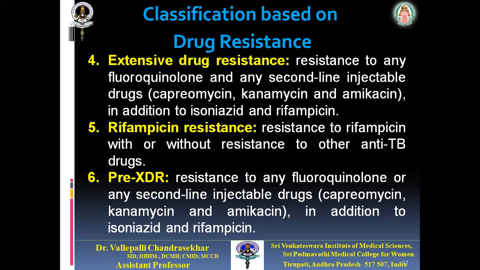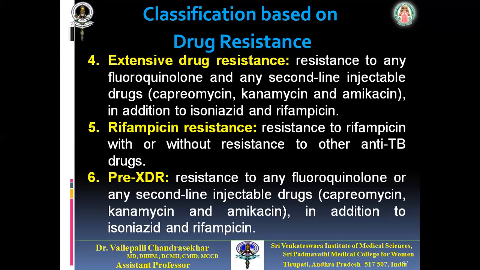Then rifampicin resistance. The name itself shows resistance to rifampicin with or without resistance to other anti-TB drugs. Then pre-XDR TB. The difference from XDR TB is resistance to either a fluoroquinolone or any second line injectable, along with isoniazid and rifampicin. We can classify them as the pre-XDR stage of TB patients.